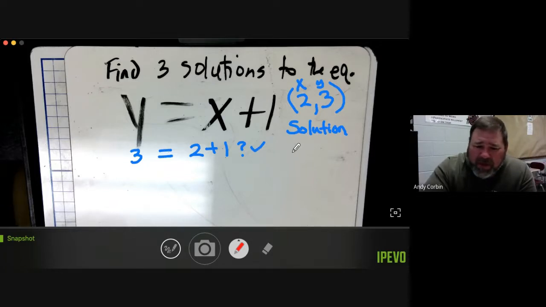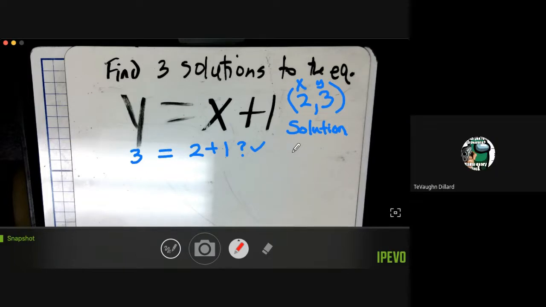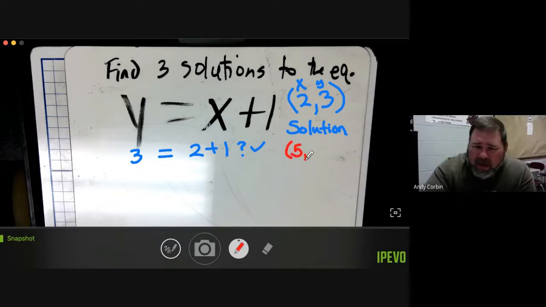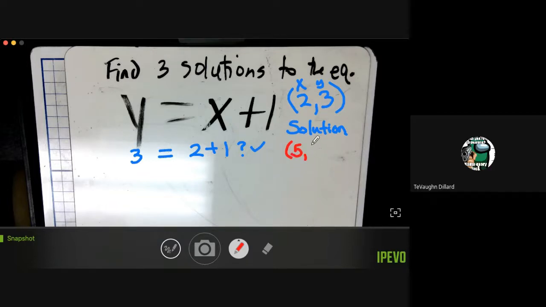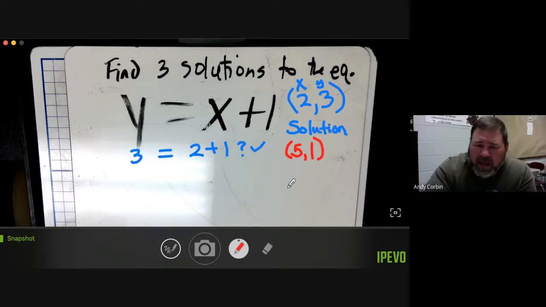What'd you try, Tavon? I tried 5 is the x. Okay. And then 1's obviously the y. So let's plug in Tavon's ordered pair and see if it was a solution.